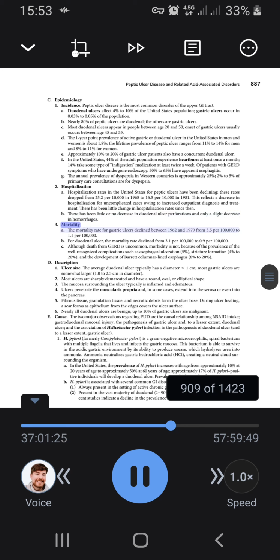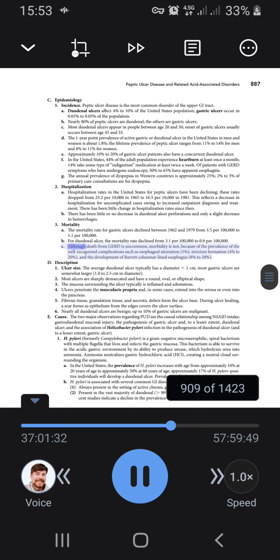3. Mortality. A. The mortality rate for gastric ulcers declined between 1962 and 1979 from 3.5 per 100,000 to 1.1 per 100,000. B. For duodenal ulcer, the mortality rate declined from 3.1 per 100,000 to 0.9 per 100,000.